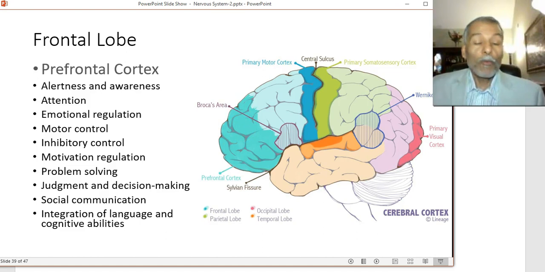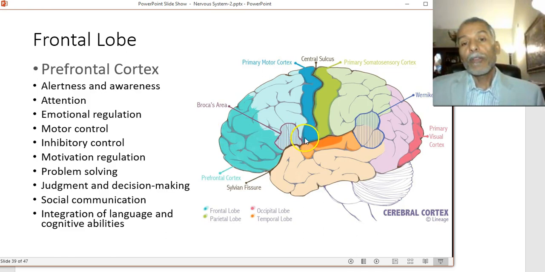Also, movements. You want to be sitting and you control the movements of your body. So this is where hyperactivity comes from. This is where impulsivity or impulsiveness comes from. Lack of control because of this area here.